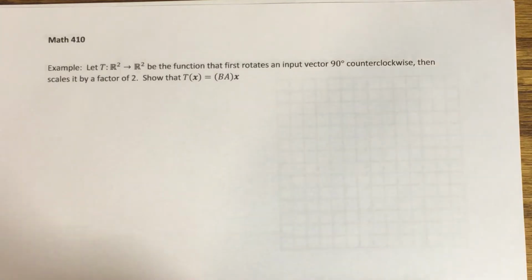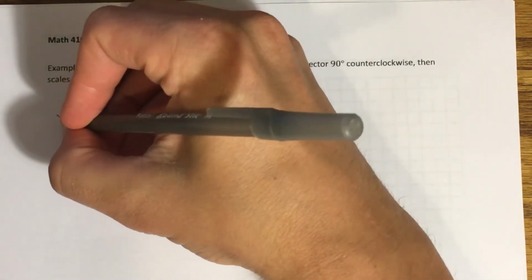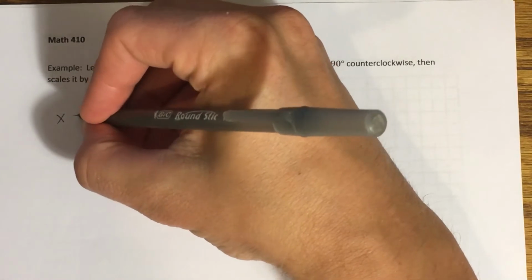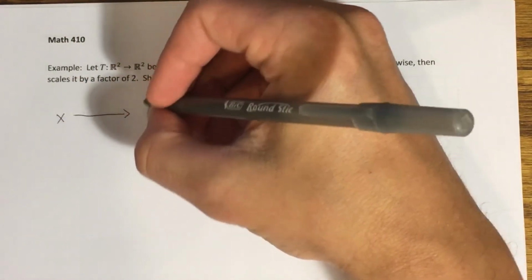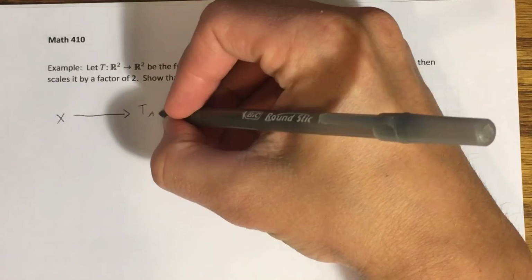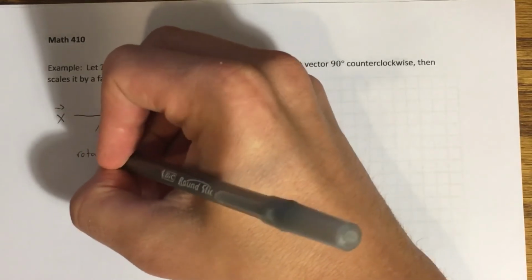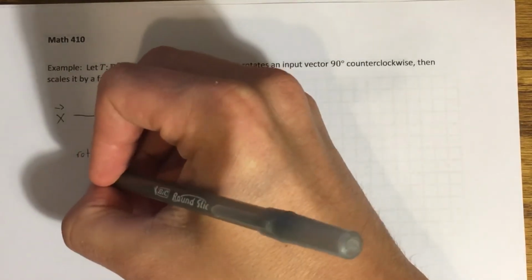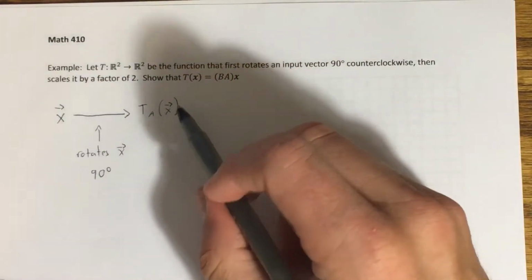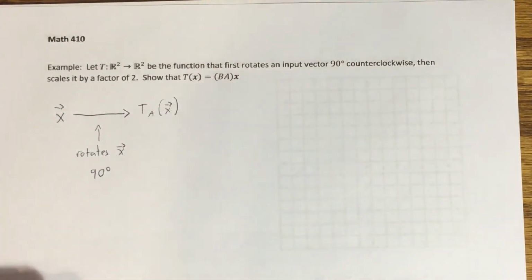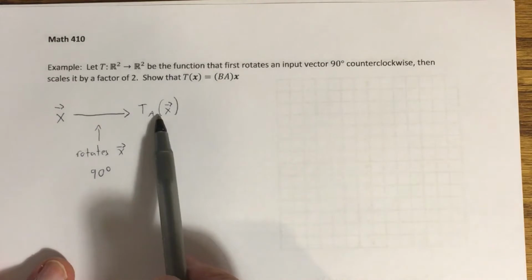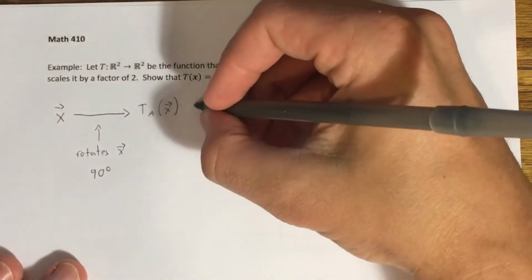So if I have a vector x and I map it to the vector T_A of x, what does that do to x? Well, this rotates x 90 degrees. That's the job that this function has, is rotating vectors by 90 degrees. And then I'm supposed to take the result of this and scale that by a factor of 2.